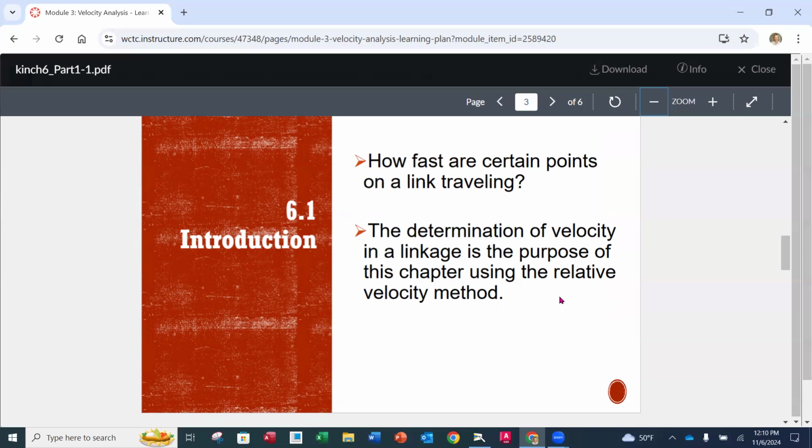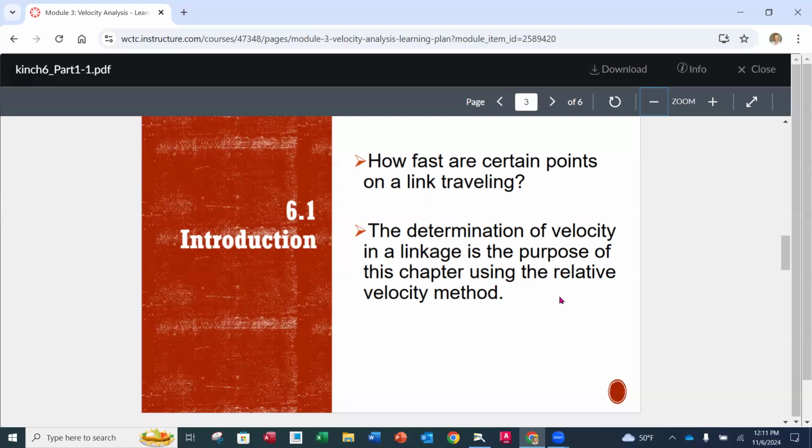It might be on the crank, but most often we're interested in what's happening down the line as we rotate this around or control the input motion. What's happening on the output? So the determination of velocity in a linkage is the purpose of this chapter, and we're going to be using the relative velocity method.